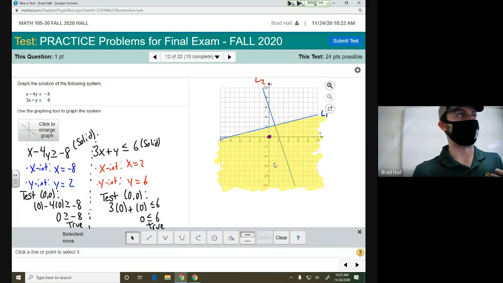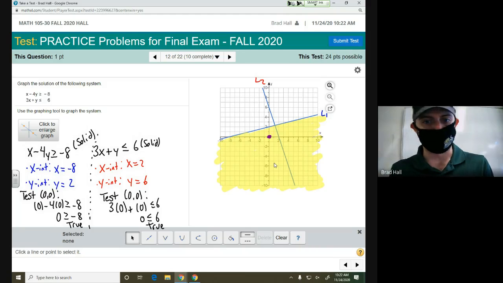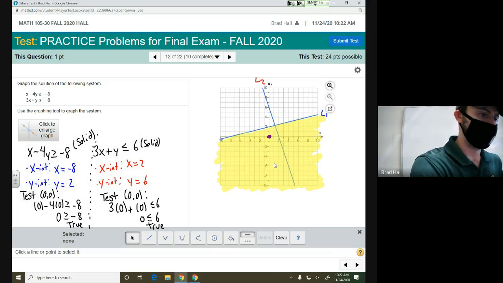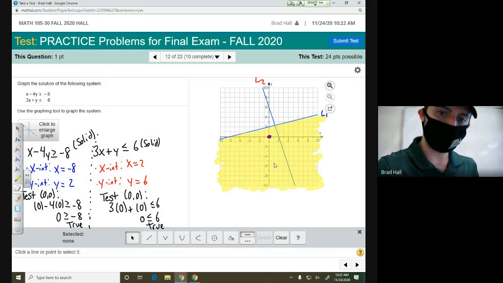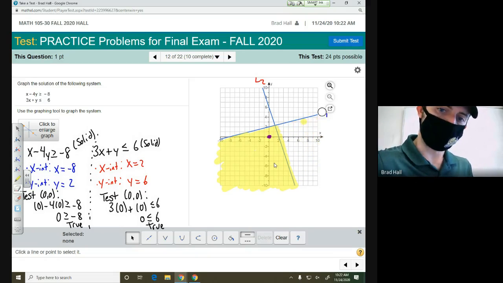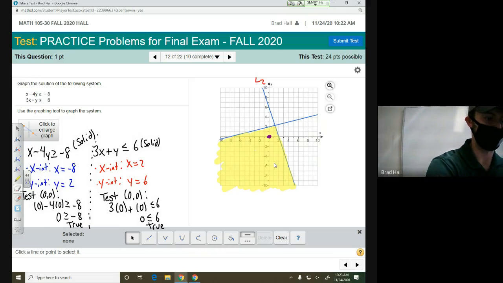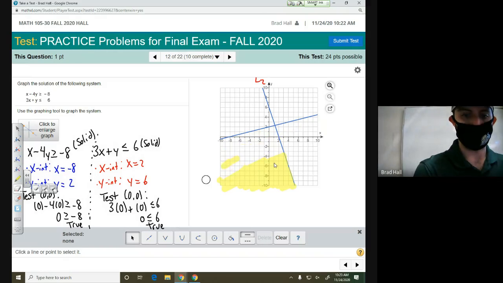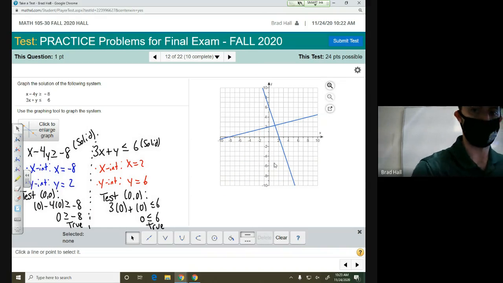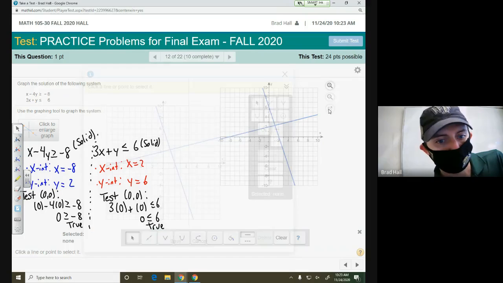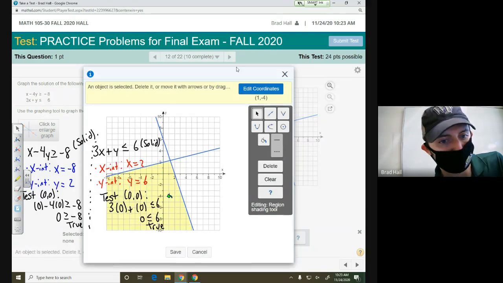So this tells us for the red line, or the second line, that we shade towards the origin, which means that only this region here at the bottom is the region that we end up ultimately shading. Let's go ahead and shade that in and be done with this problem. So I'll shade this region.